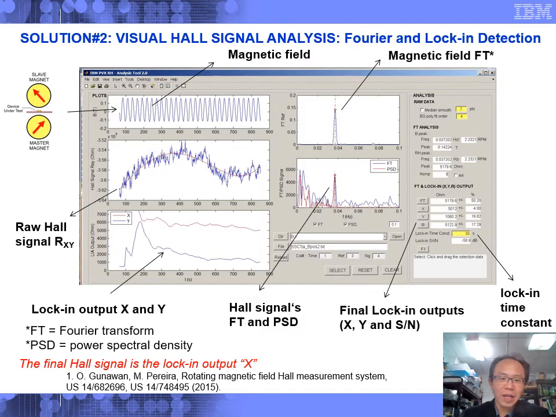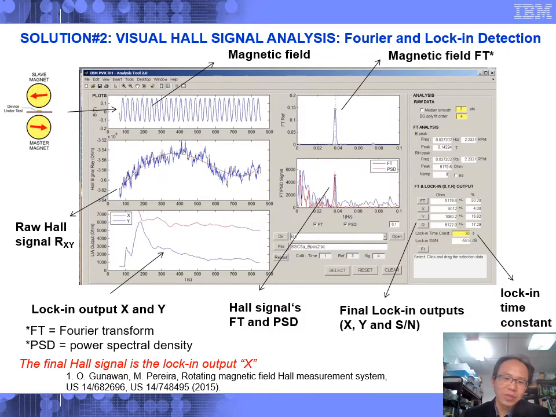Furthermore, there are also some signal processing steps that we need to do. First, as you spin the magnet, you record the Hall resistance as a function of time. On the top, you see the oscillating magnetic field, and then at the center, you see the Hall signal. Then we perform a Fourier transform of that Hall signal to inspect whether you have the Hall signal that you want or not.